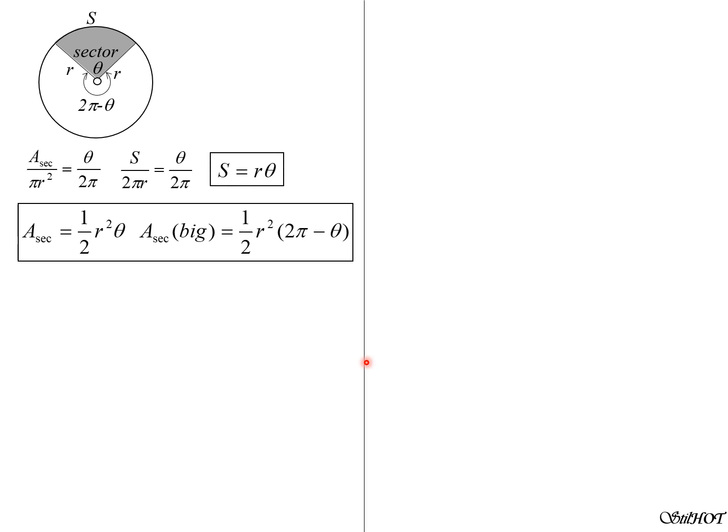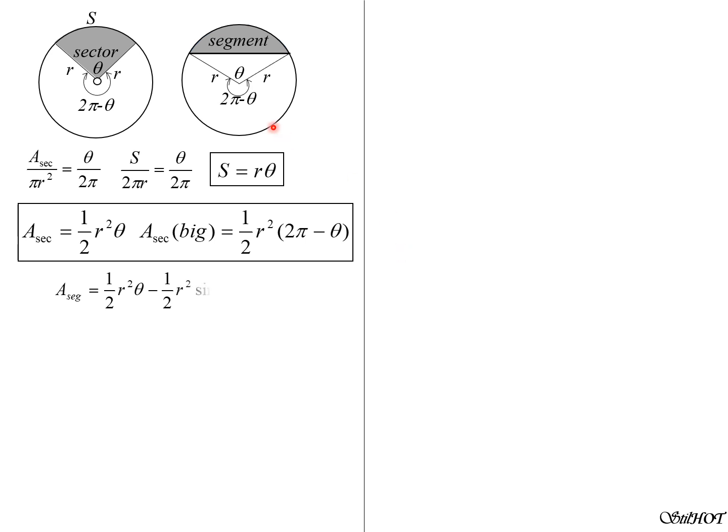So that's it. Then for a segment of a circle, the area of the segment is simply area of sector minus area of triangle. So area of sector is 1/2 r squared theta. The area of this triangle is 1/2 r times r, or 1/2 r squared, times sine of theta.